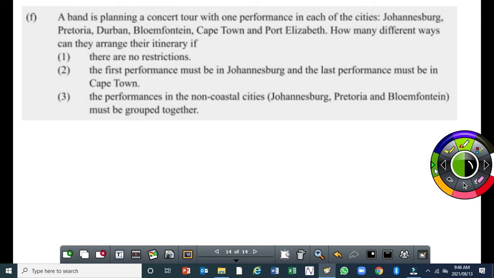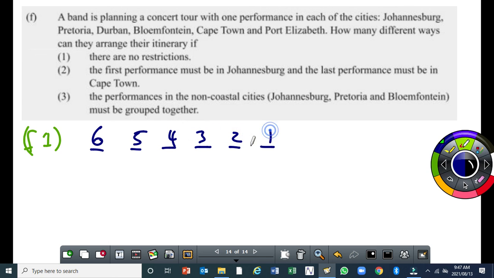How many different ways can they arrange their itinerary if, 1, there are no restrictions? Which means you can start with any city. So you have got 6 cities to start with. Then obviously you'll be left with 5, then 4, 3, 2, 1.